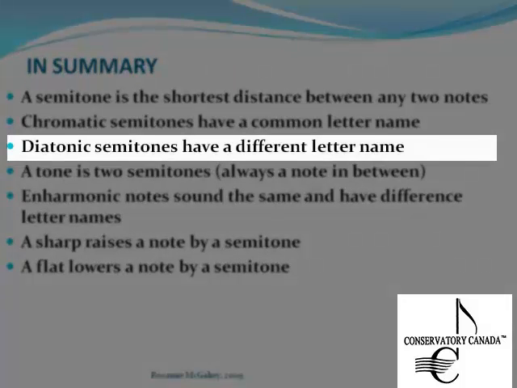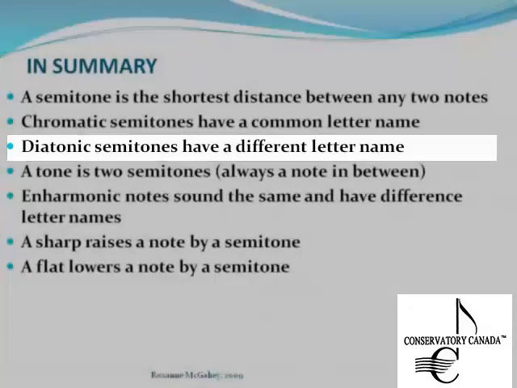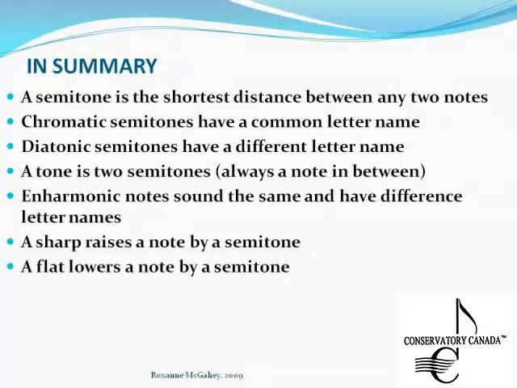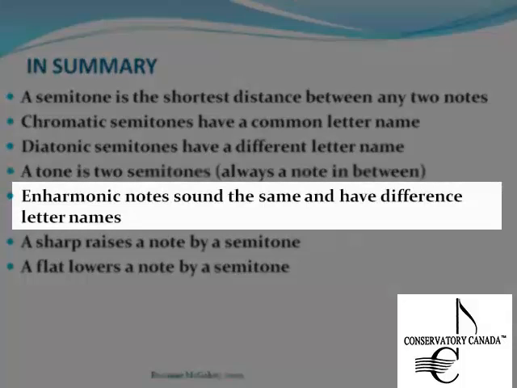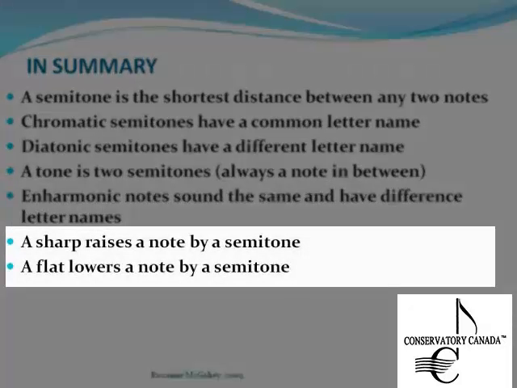Diatonic and different both start with D. A tone is 2 half steps or semitones, and there's always a key in between. And enharmonic notes have the same sound but different letter names. A sharp raises a note by a semitone and a flat lowers a note by a semitone.